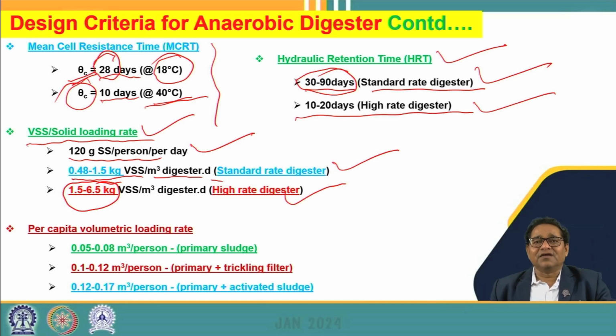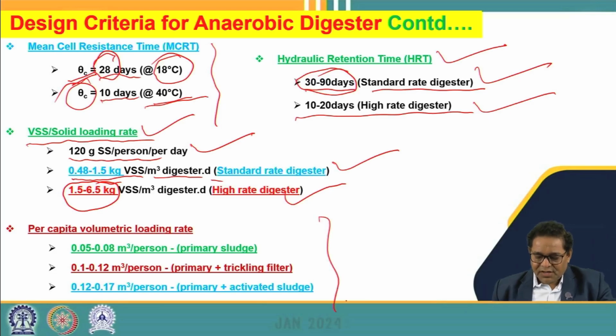So if it is a high rate digester, then the VSS loading rate can be increased. That in turn will require a lesser size of reactor. This is how we can select the solid loading rate criteria for designing different types of digesters.